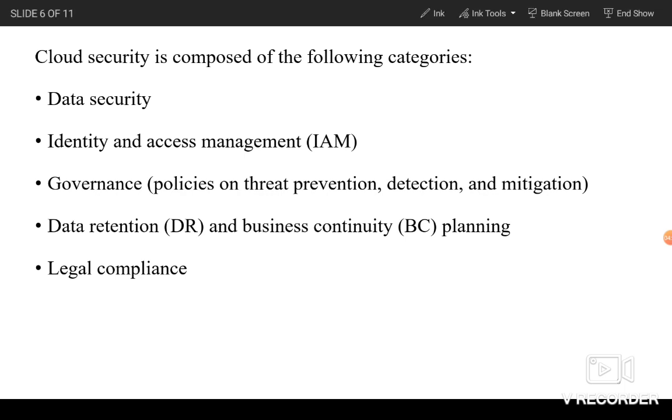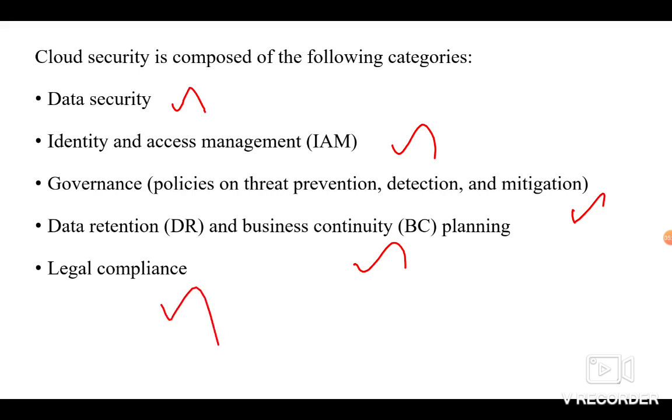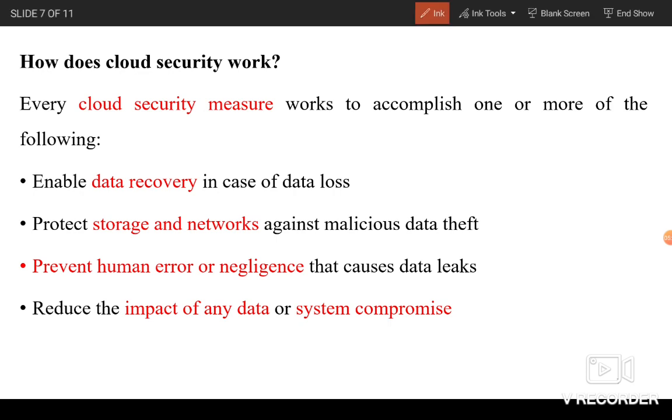Cloud security is composed of the following categories. It mainly concentrates on data security, identity and access management, governance, data retention and business continuity planning, and legal compliance. These are the several categories. How does cloud security work? Every cloud computing security measure has to accomplish one or more of the following tasks.